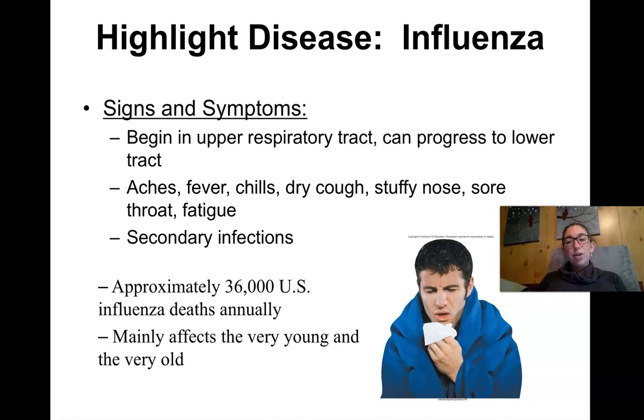You may have a stuffy nose and a sore throat, have fatigue, but you can also get secondary infections on top of that. So the symptoms of flu can be different in different people. Some people will experience some nausea and vomiting with influenza, but it's totally different than the virus that we call the stomach flu that we'll talk about in the next chapter.